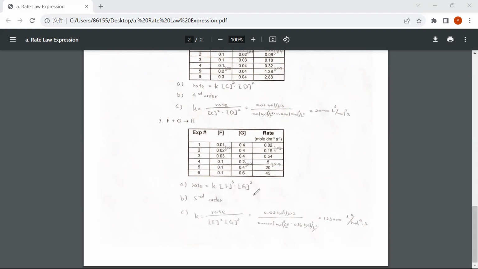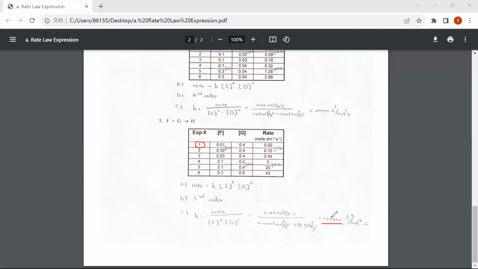And follow the same process. We get the k from the rate divided by the concentration of f to the power of 3 times the concentration of g to the power of 2. And we plug in the first experiment data. And we'll get the final answer of 125,000.